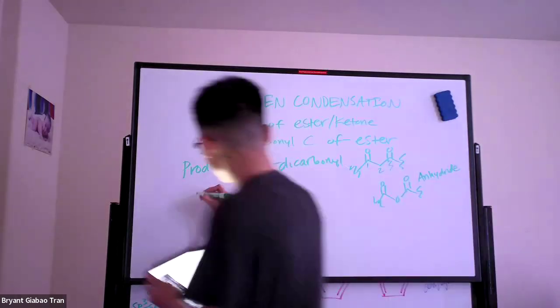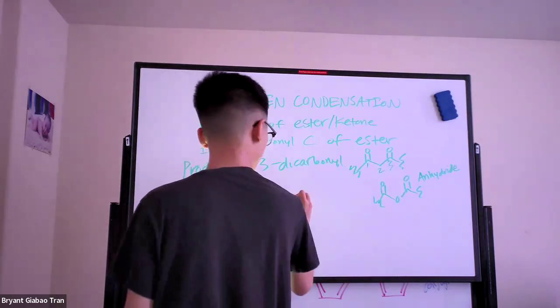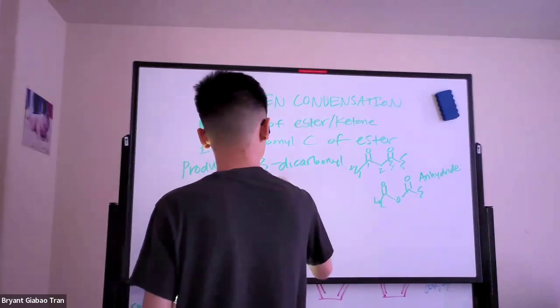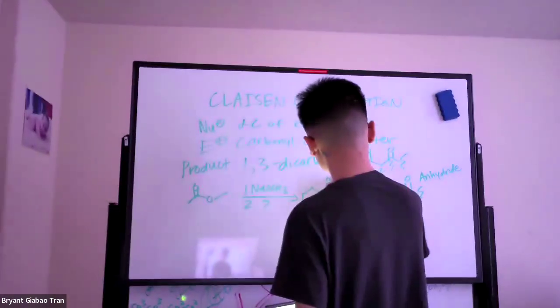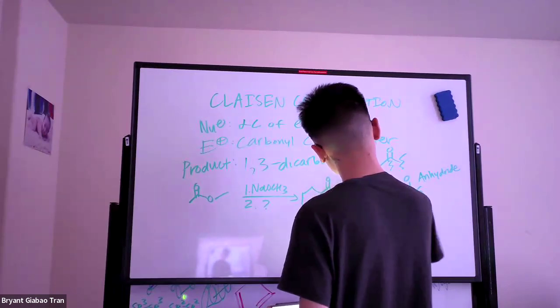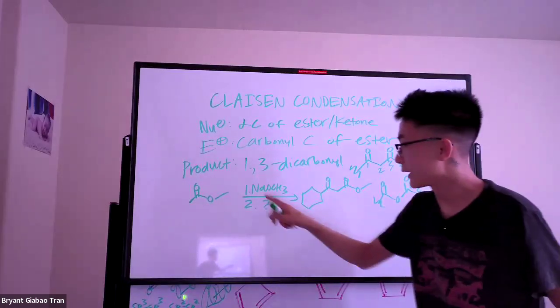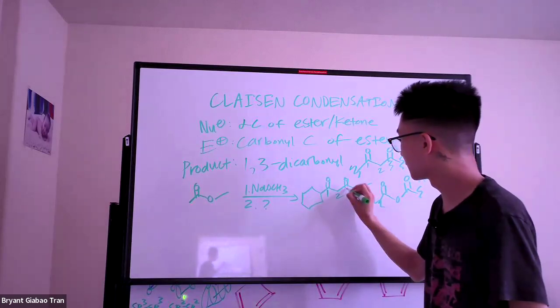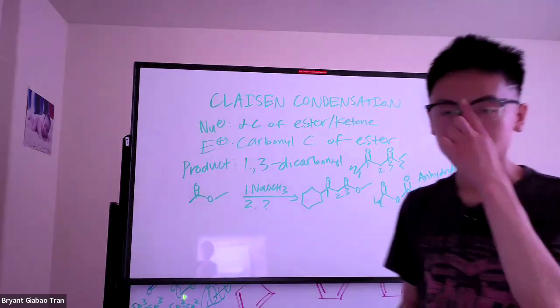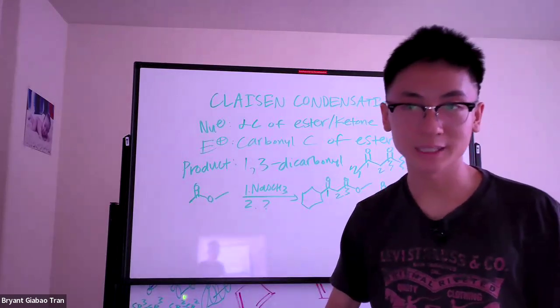The question here is asking what is the missing reagent on the second step right here. We have this ester right here and a 1,3 dicarbonyl right here. For Claisen condensation, when the electrophile is the ester, the leaving group of the ester leaves, like the OR group of the ester leaves.